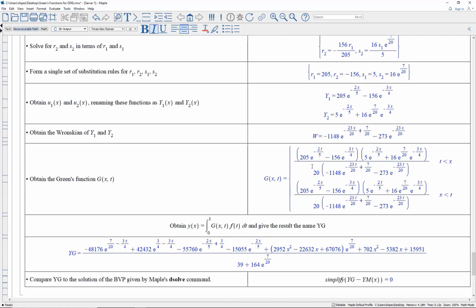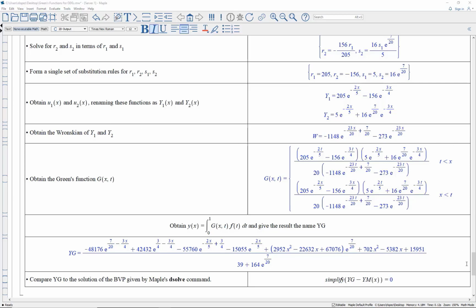Use that Green's function that I've just constructed and get the solution to this boundary value problem. I call it Y Green's function, and I want to compare that to Y maple. I do it by simply subtracting and simplifying. I get 0. So these two solutions are the same. The Green's function stuff worked.